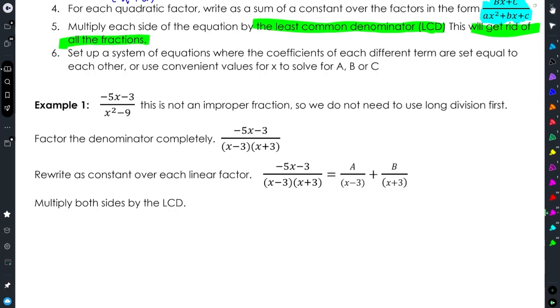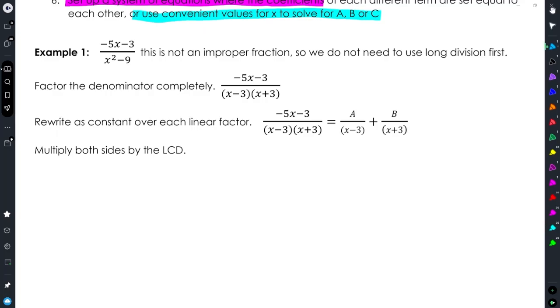Then after that, we're going to either set up a system of equations where the coefficients of each term are set equal to each other, or use convenient values for x, and solve for a, b, and c. Most of the time that will work, but there are going to be times where we have to set up a system.